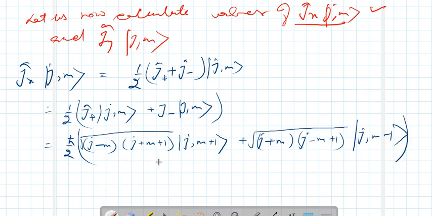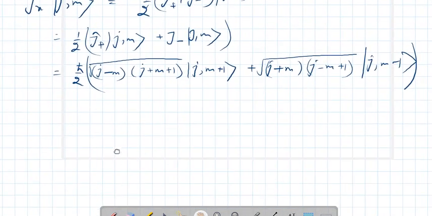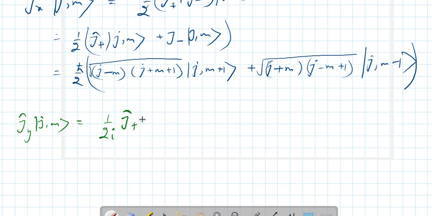And similarly, I can write down values for this Jy. So to do that, let us proceed as follows. Jy |j m> is equal to 1 by 2 iota (J plus minus J minus), and it is |j m>.